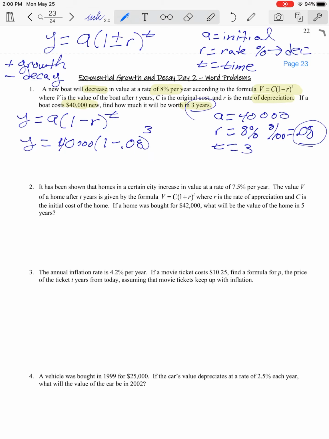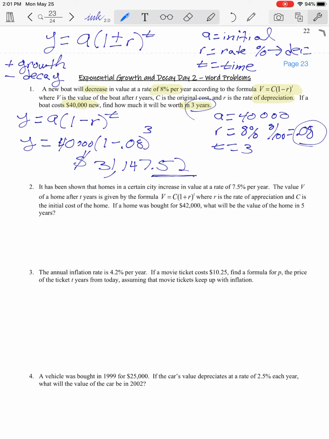I put that all in the calculator straight away. Now we know we have money, so when I put in the calculator, I get 31,147.52. And I know it's money. You always round money to 2 decimal places. And that's it.